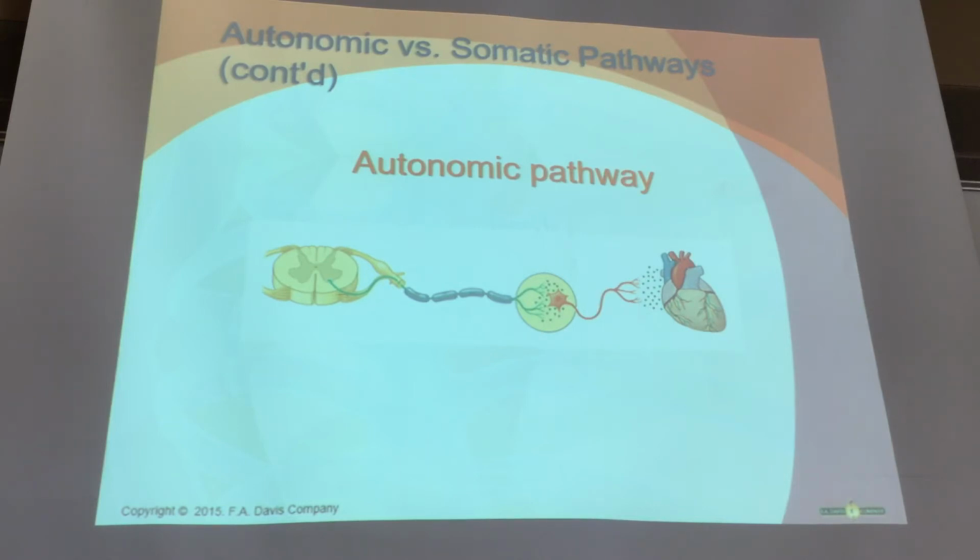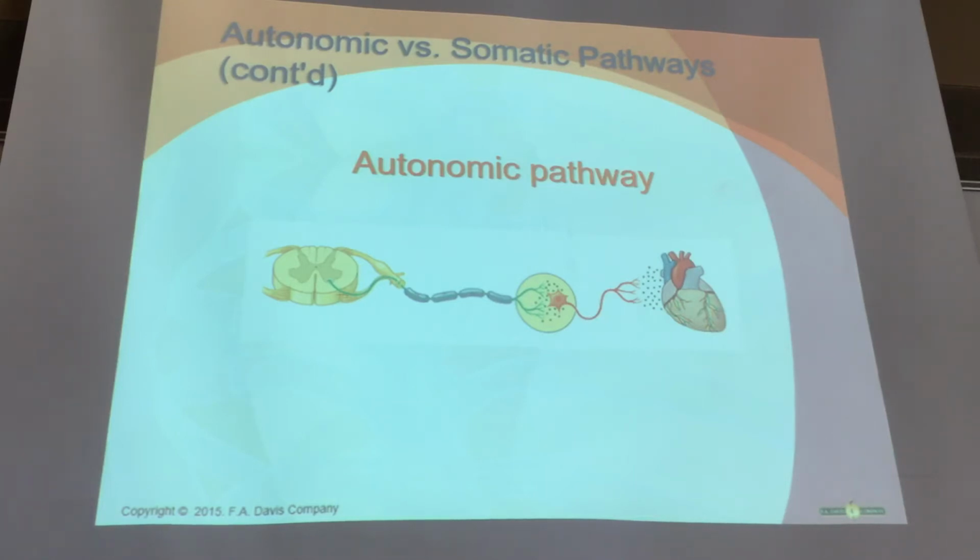Okay? The neurotransmitter released varies at this point. Parasympathetic fibers will release acetylcholine, and sympathetic fibers will release norepinephrine. It's another neurotransmitter we haven't talked about.